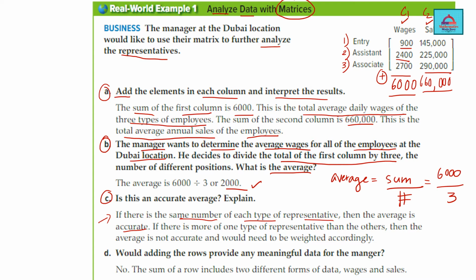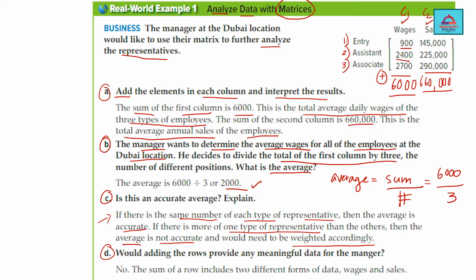However, if, for example, there are 5,000 entry employees, only 1,000 assistants, and maybe 3,000 associates, then there is a disparity. If the number of each type of representative is not balanced, the average will not be that accurate. So you need to look at how much weightage is given to each of them and then calculate your average. This is an important point.